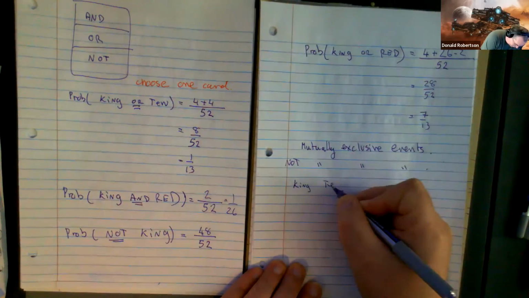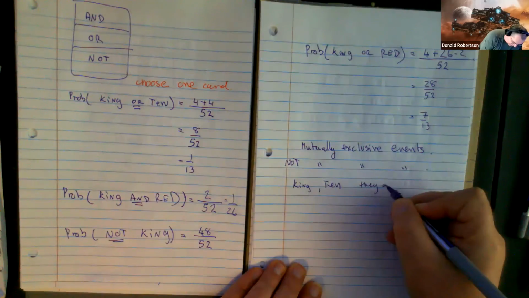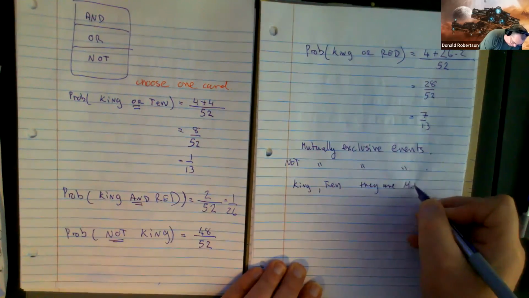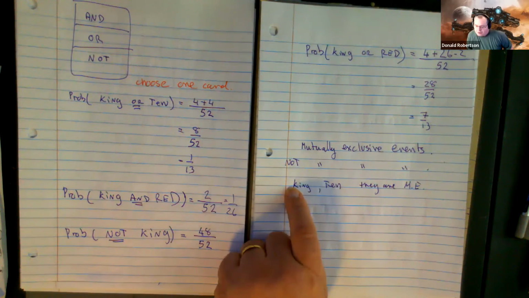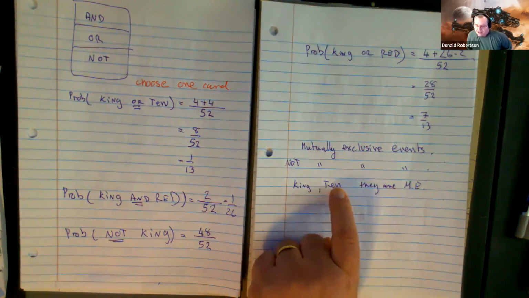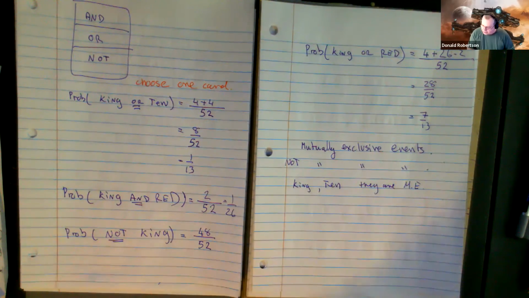So a king and a 10. Let's look at those 2 guys. They are mutually exclusive. What that means is they share nothing in common. Would you agree kings are kings and 10s are 10s and there's nothing connecting them, right? They're separate things. So mutually exclusive would be 2 groups of things that share no common terms, right? There's nothing in common. Does that make sense? Mutually exclusive, the fancy word for meaning that.